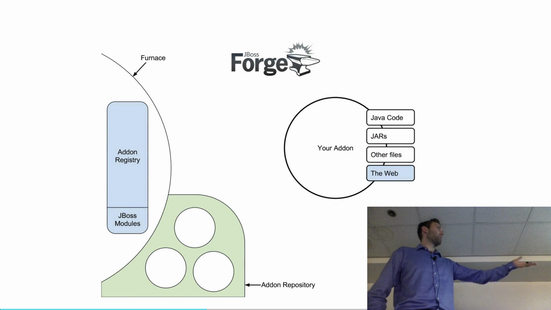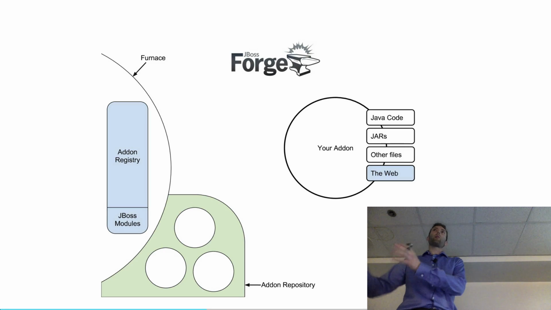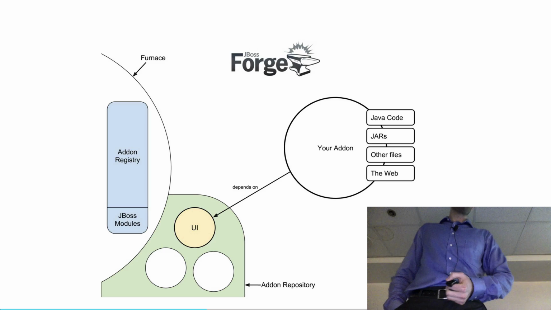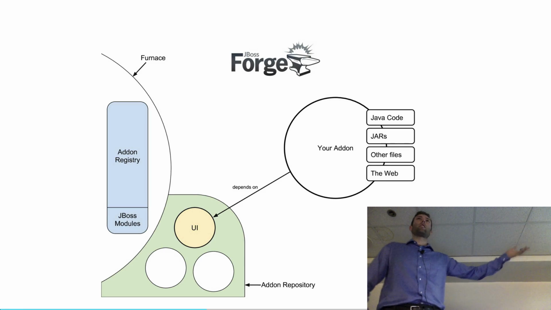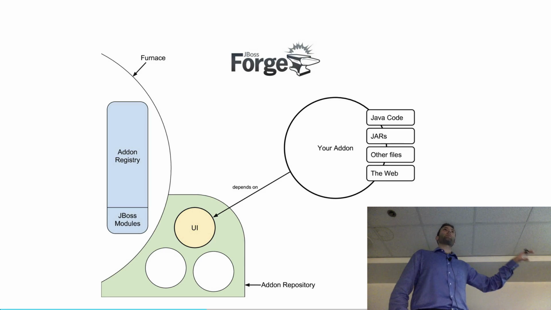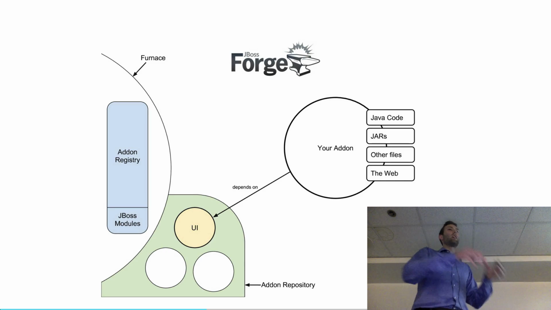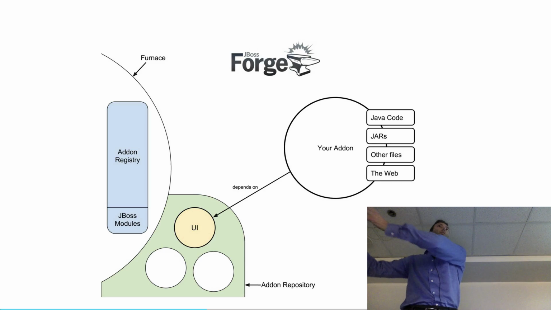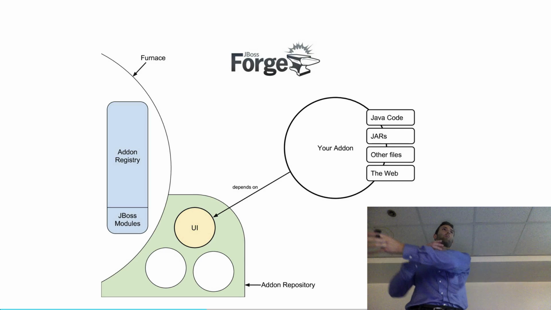Or you could provide a service that does some call out to the web or to a database or whatever. All of that gets packaged up. And you can also depend on other add-ons. That's one of the big things about this model: when you write an add-on, you can actually share that, and someone writing a completely separate add-on can use what you've done as a building block.